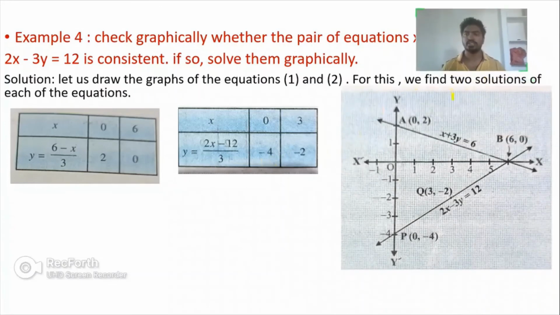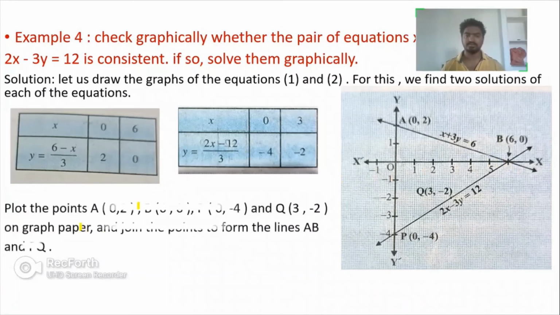Now, if you plot these two equations in a graph, we can clearly see that these two lines, representing the 4 points, intersect at 6, 0.